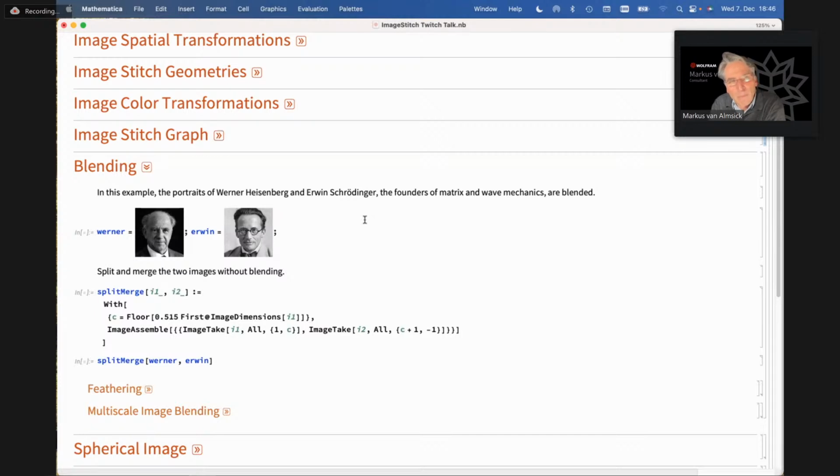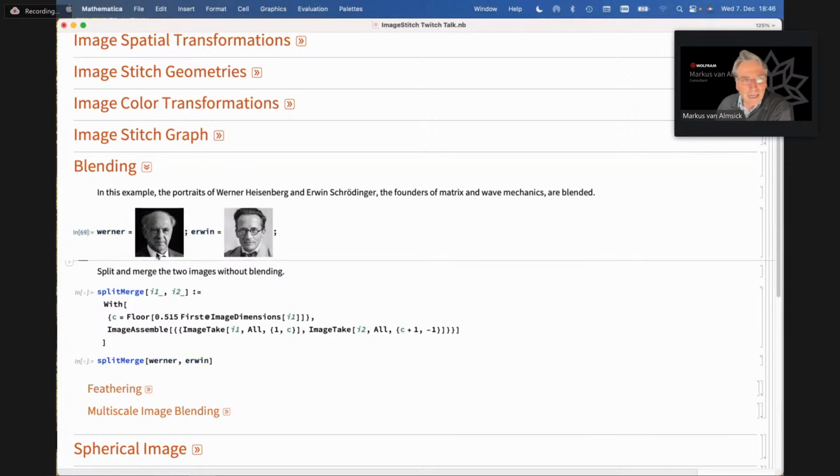And even if you have a perfect match, it's always helpful to blend two images. In the ImageStitch examples, I do this now for two portraits, because here you can visualize it much better, because these two portraits or images are quite different, so you can see the effect of blending much better.